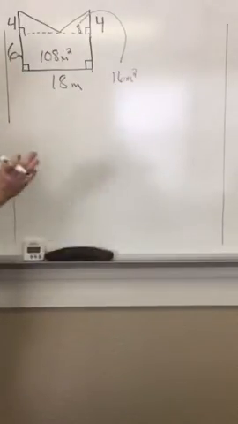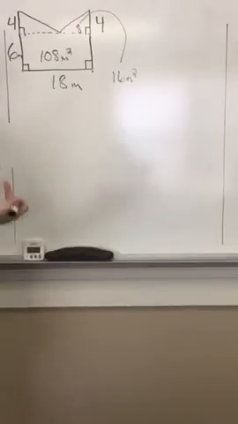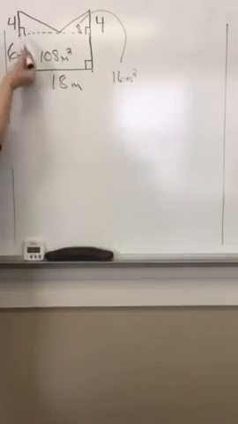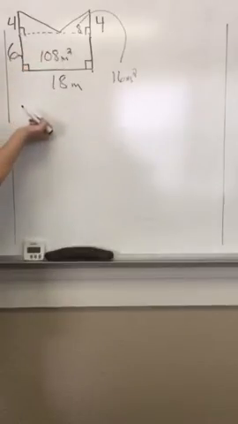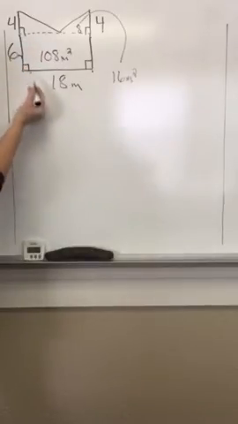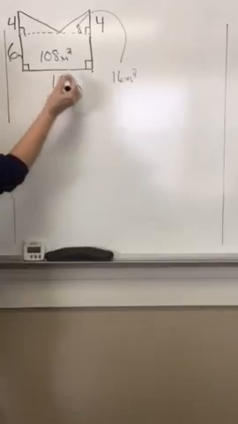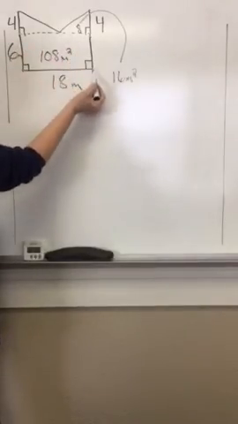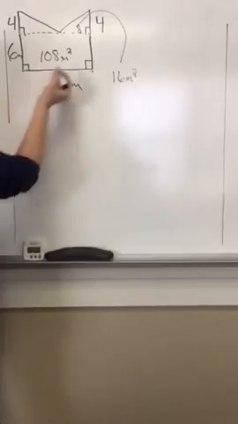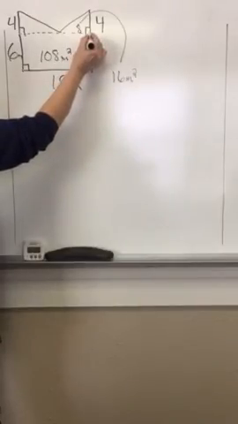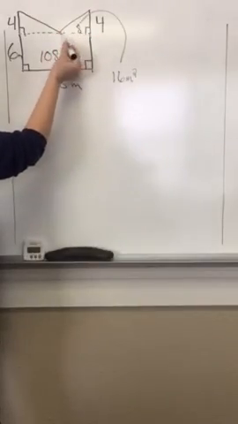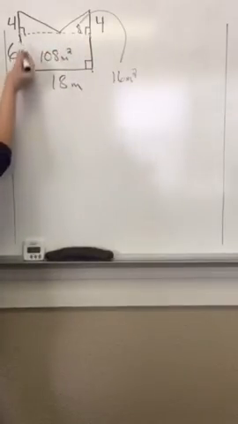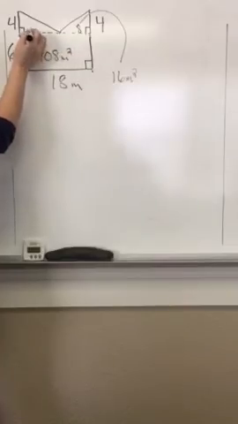Now, this is the most challenging. It's not that difficult, but we only have the height of this. We do not have the base of the triangle, so we have to figure this out. If you'll look, the base of the rectangle is 18. From here to here is 18, just like from here to here. Well, if from this point to this point is 8, and all the way across is 18, the missing part must be 10.